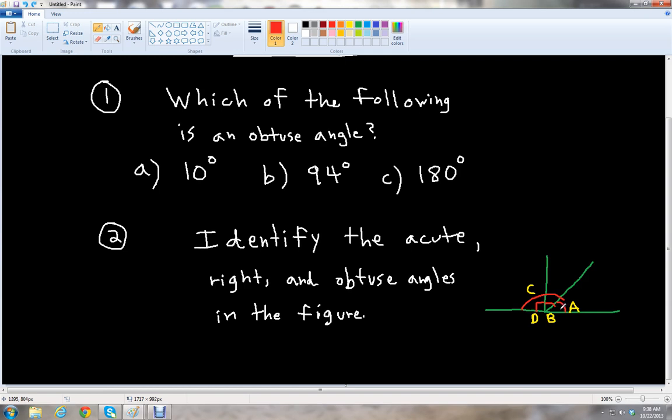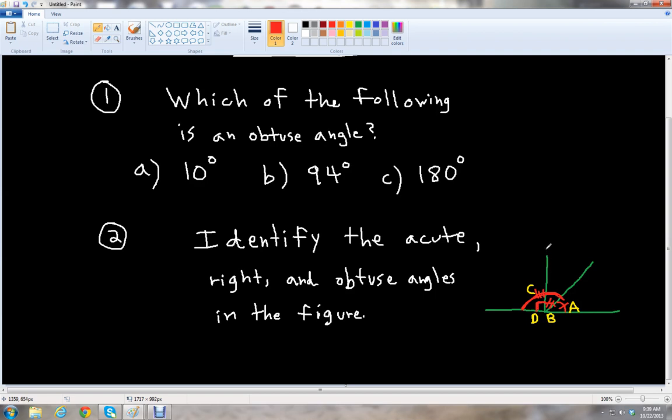So here we have angle A is this angle here. Angle B is this angle there. Angle C is that angle. And then angle D is the angle with the square in the corner.